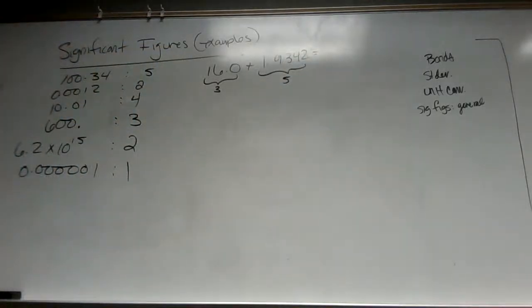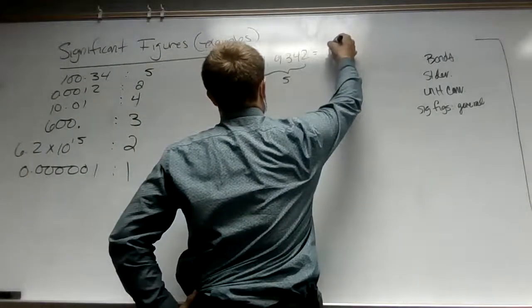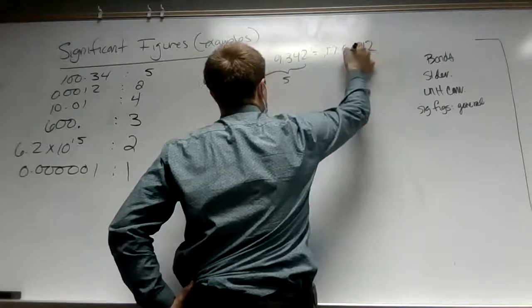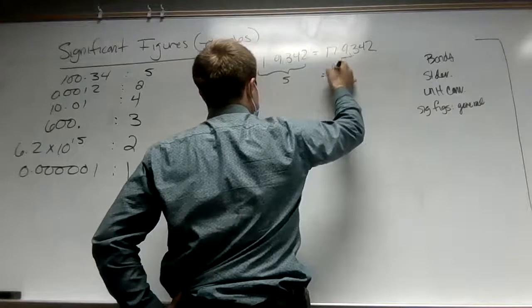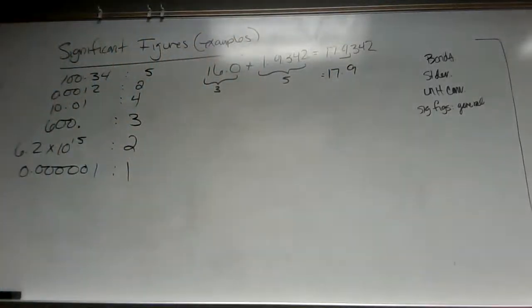When you add and subtract, we're going to use the fewer number of significant figures. So in this case, the arithmetic answer might be 17.9342. We're only going to use 3 figs, so we're going to say this is 17.9. We don't have to round here. We'll round down.